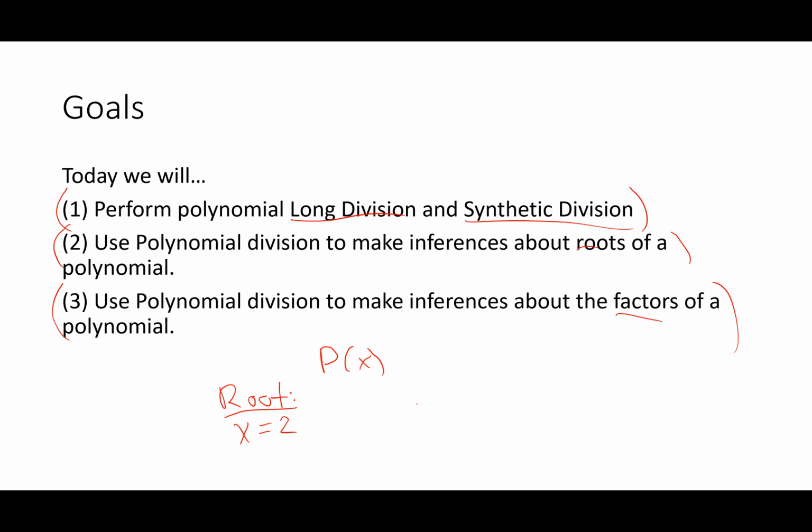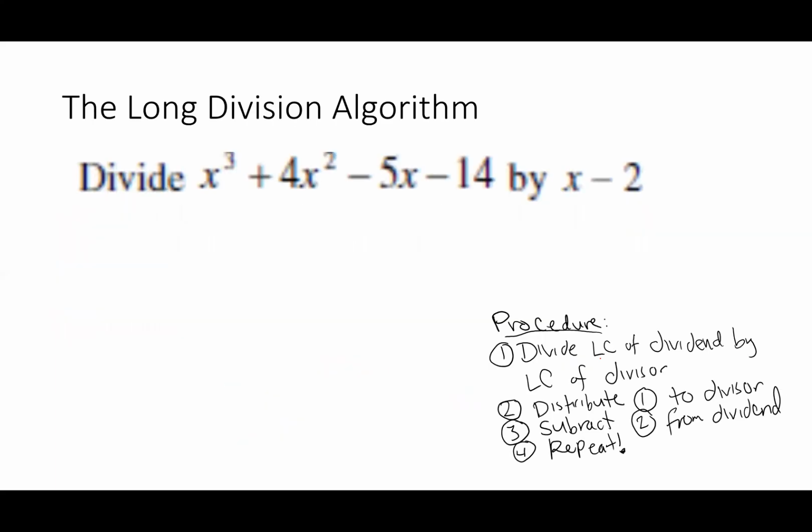Then if I were to factor out p of x entirely, since I've got a root at x equals 2, there's going to be a factor of x minus 2. So somewhere in that factorization, I would have an x minus 2. We're going to use this information throughout the lesson, but for right now, I just want you to understand that basic connection.